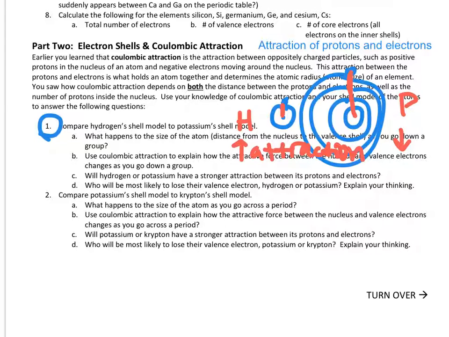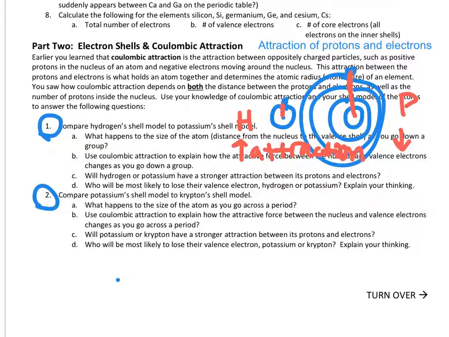All right, so one of the determining factors for Coulombic attraction we found out was the distance between the protons and the valence electrons. Now the other factor for Coulombic attraction was the number of protons. In number 2, we were comparing potassium's shell model with krypton's shell model.